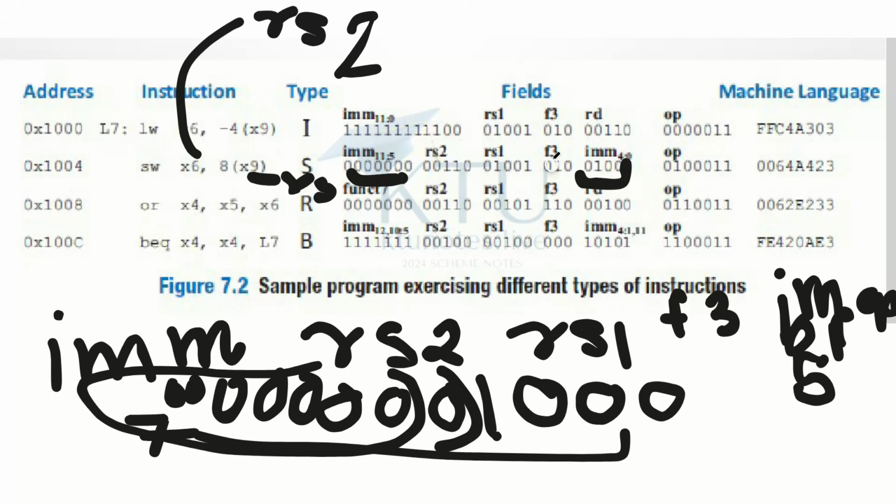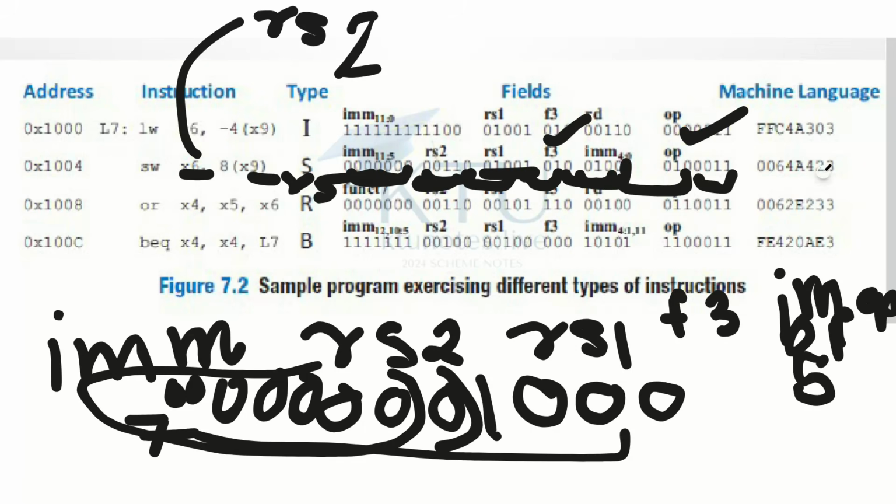Function 3 value we already got, opcode we already got. Now RS1 is our value 9, which is given here in 5-bit format. x6 is our RS2 value in 5 bits. This much is done. Then you have to take groups of 4 and find their respective hexadecimal values, and that machine language we will get here.